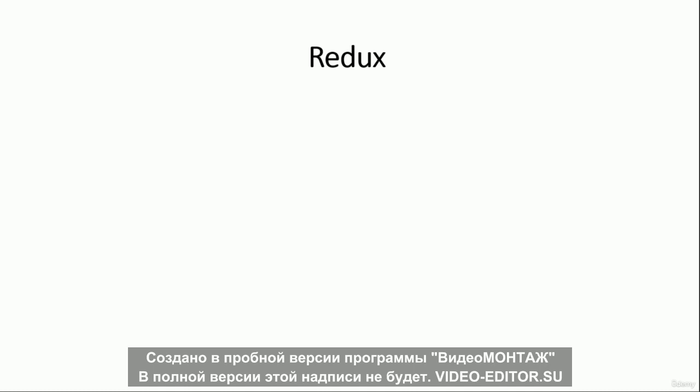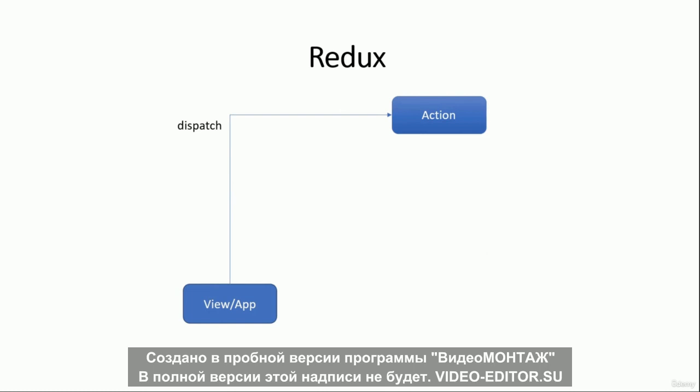So here we have our view or application, and in this application, in any given component, we dispatch an action, then the action runs through the reducer. A reducer has a simple job or task: it will take an action, then it will take the old state, manipulate it, and it will give a new state. So this manipulation will happen based on immutability.